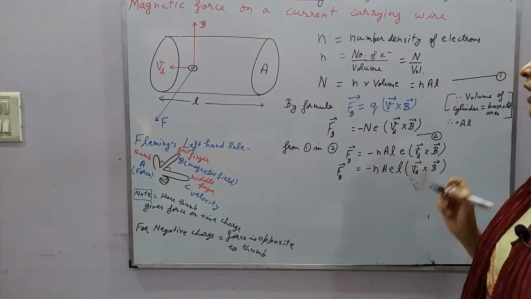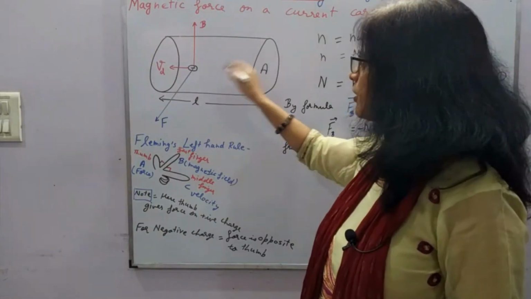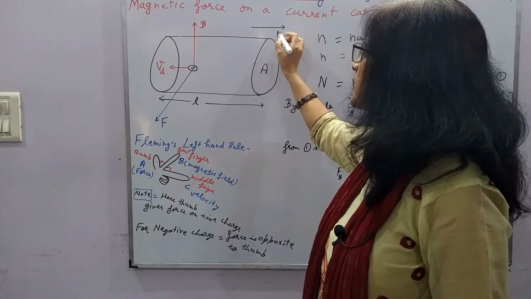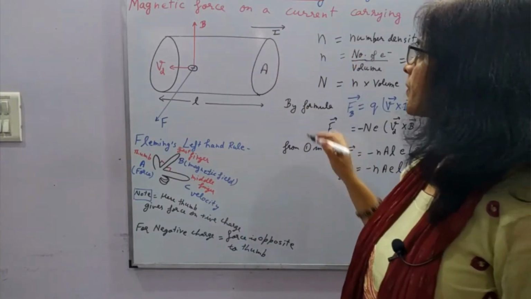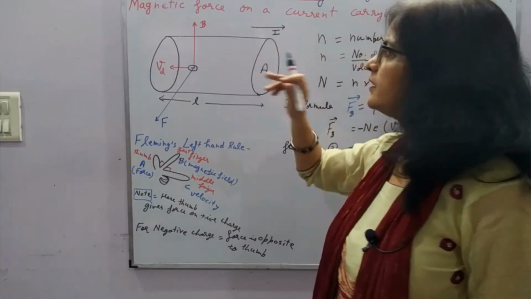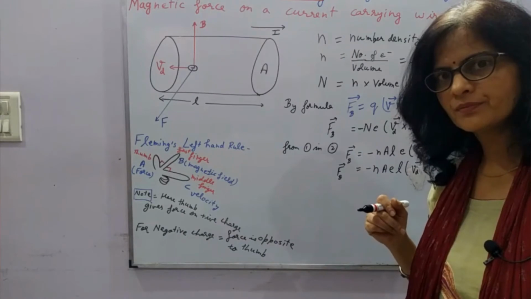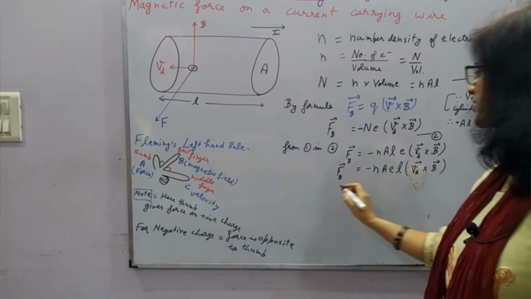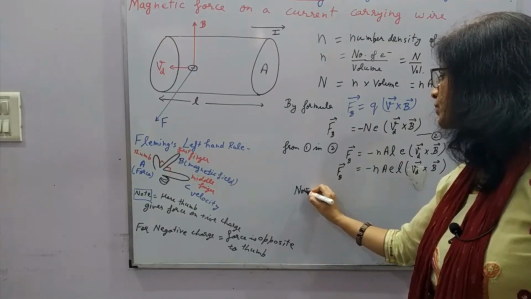Right? Now here look at this. If the direction of current is this direction, you can say that length we are considering along the direction of the current, right? That's why, if you look at this term, this is an important step where the students get confused.